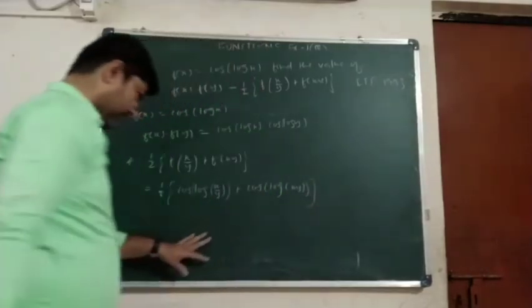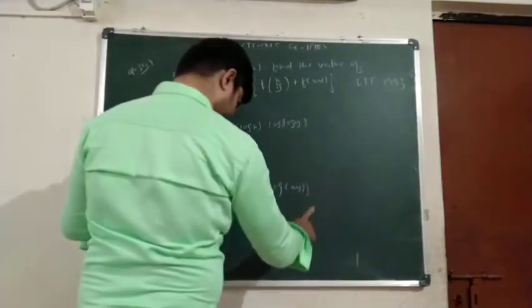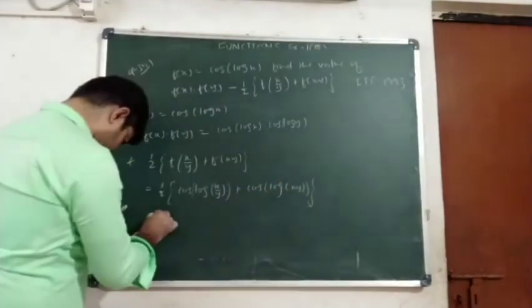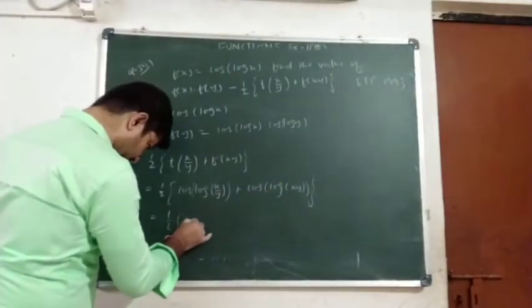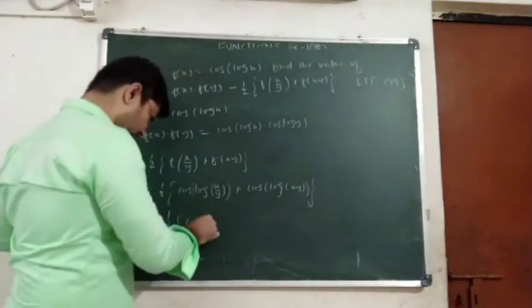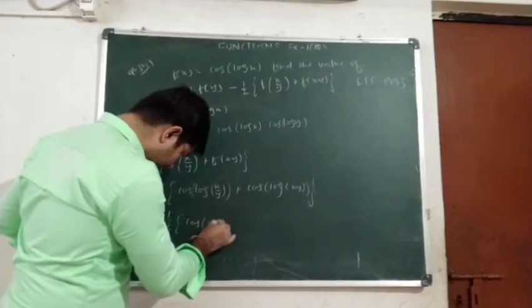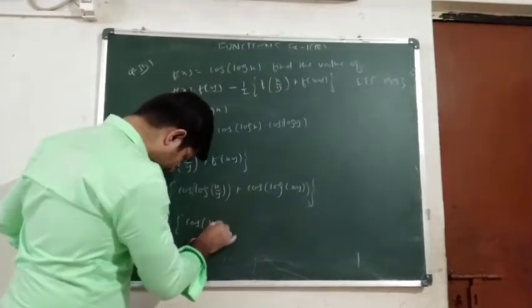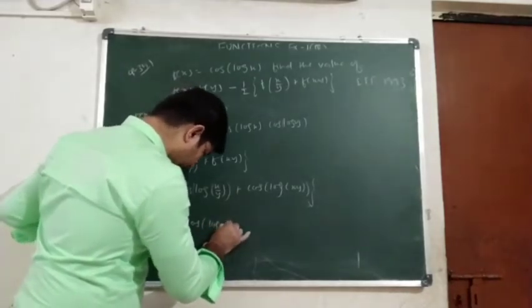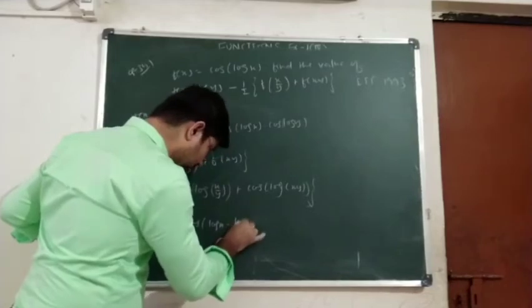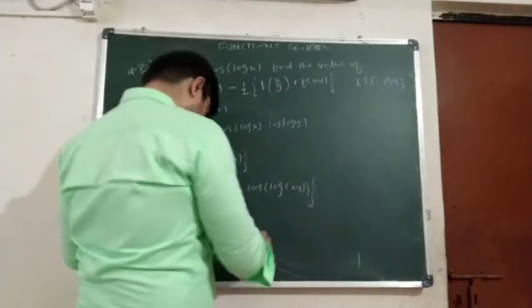Now let us simplify this term. So 1 by 2 into cos of log x by y, which is obviously log x minus log y. Yes or no?